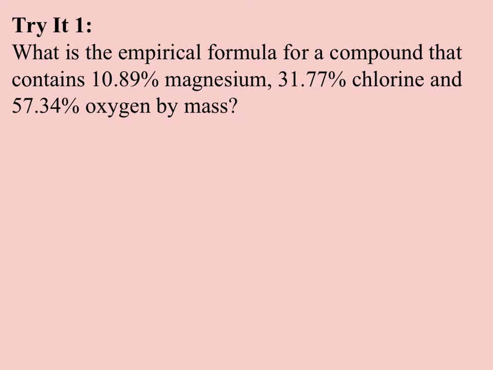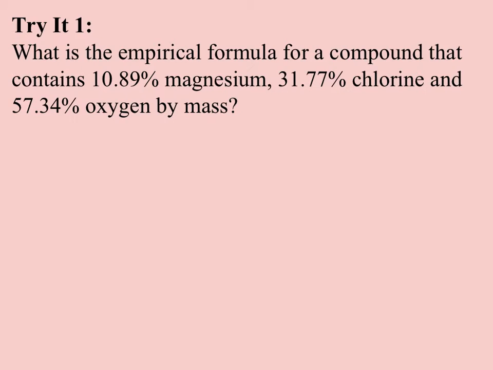My chlorine, 31.77 grams, and 1 mole of chlorine has a mass of 35.45 grams. So I got a little less than a mole of chlorine. 0.896 moles of chlorine. And then oxygen is 57.34.